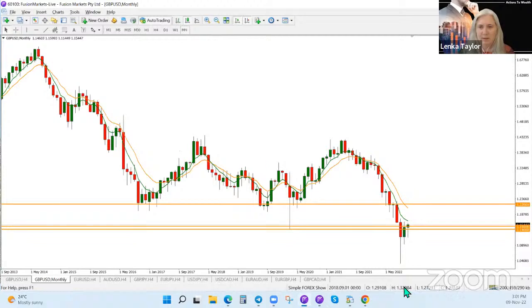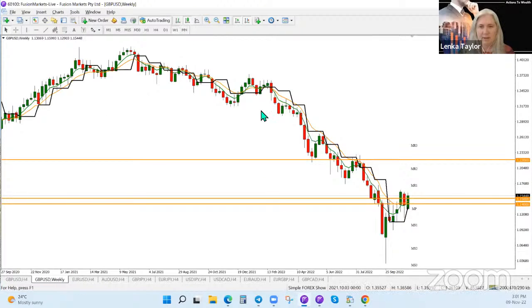Where we are in terms of the monthly, we're still at the bottom of that range with indecision bars on here. On the weekly, we have had a close above and a pullback. Hopefully that's the retest, and now looking to go long from there.